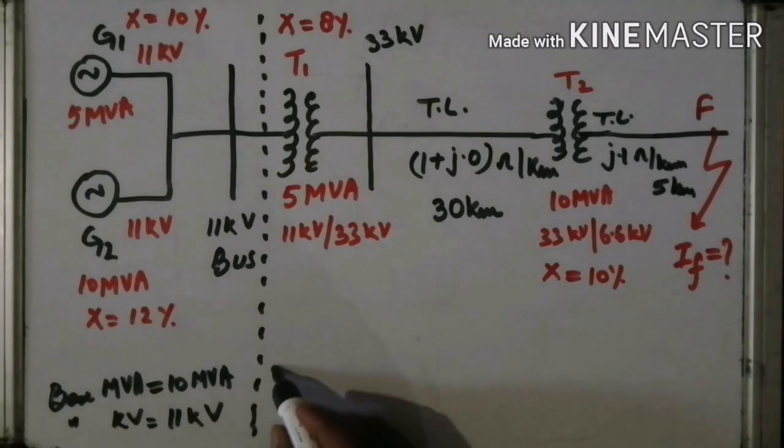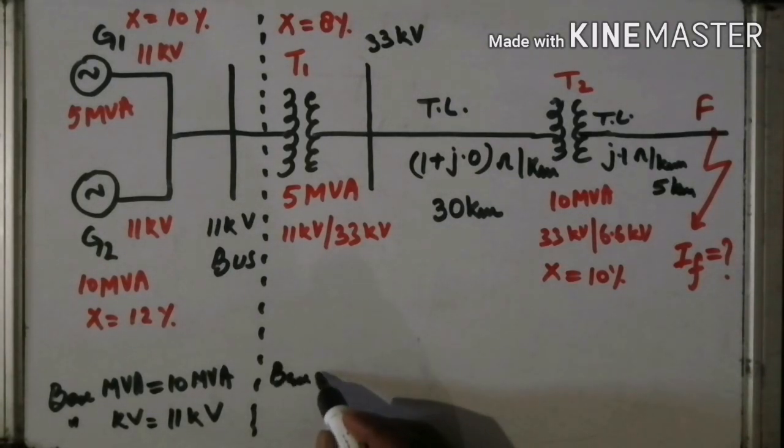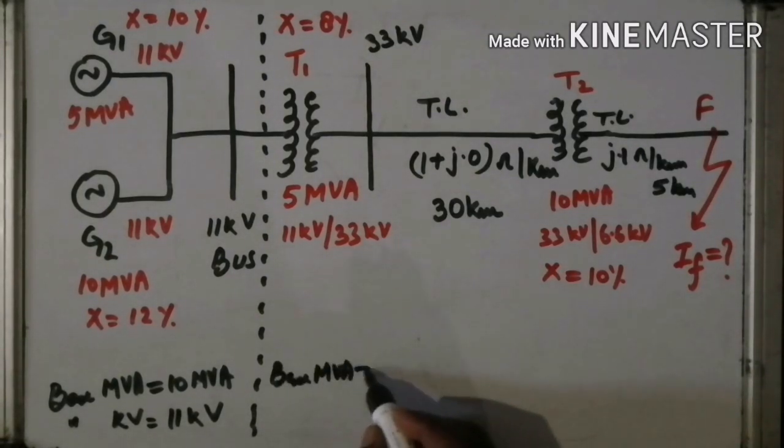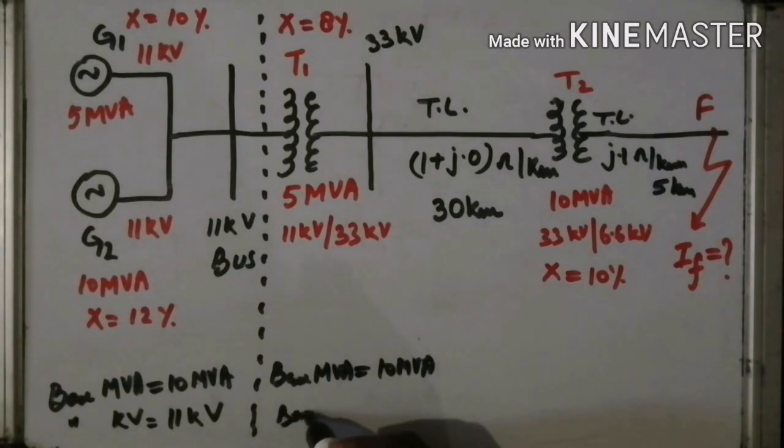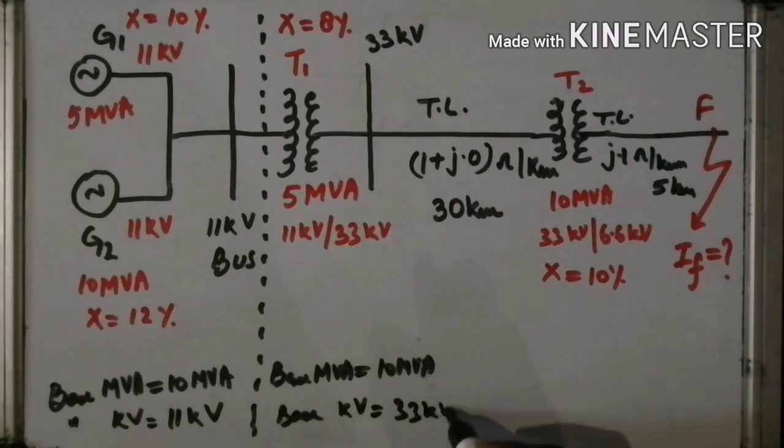Okay, here the base value, that is base MVA, is 10 MVA and the base kV is 33 kV.